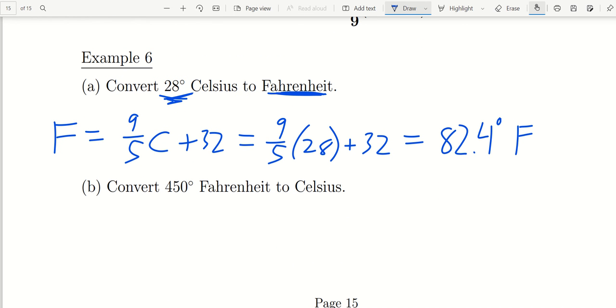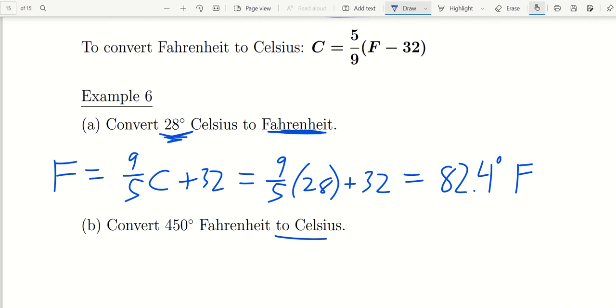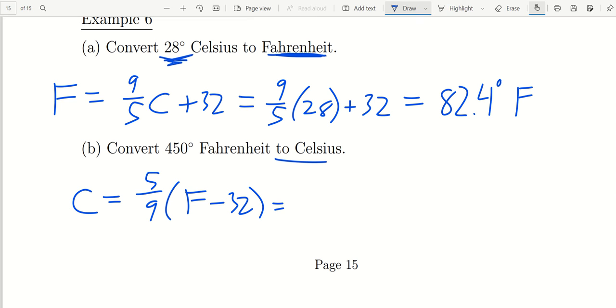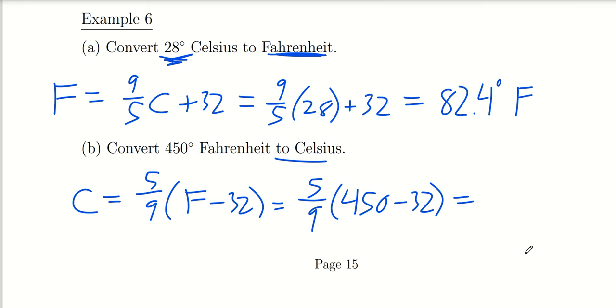Let's now do a conversion in the other direction. Suppose we have 450 Fahrenheit and we want to find Celsius. If I want a formula to find Celsius, that's going to be this one here. It's C equals 5/9 times F minus 32. So everywhere I see the F, I'm going to plug in my degrees Fahrenheit. That's going to be 5/9 times the quantity 450 minus 32. And again, we want to use order of operations on this.